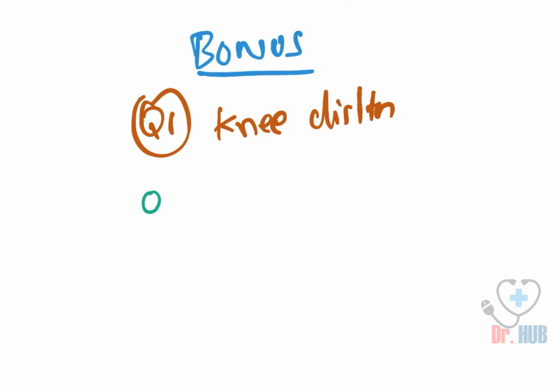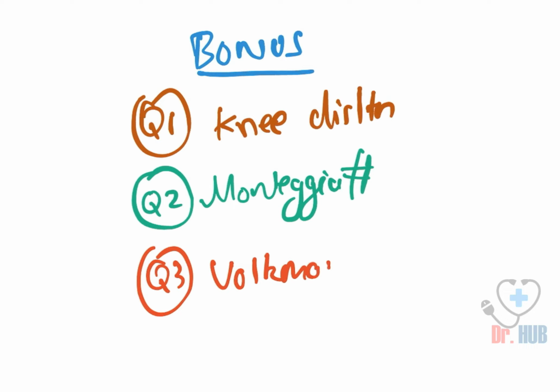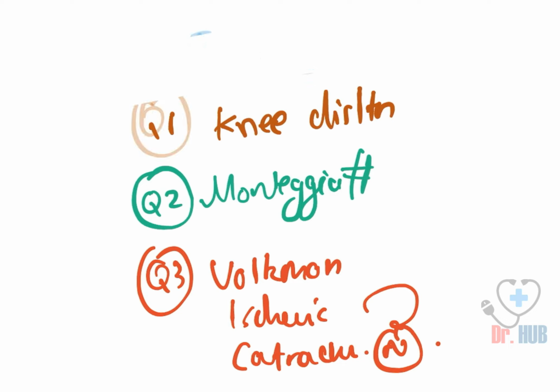The second question is, in terms of the Monteggia fracture, what are the nerves involved? The third question is, in case of the Volkmann ischemic contracture, what are the nerves involved? These answers can be put in the comment section.